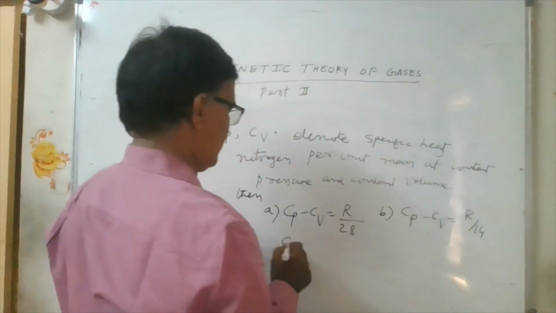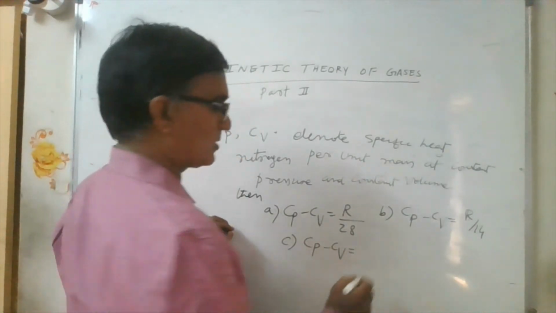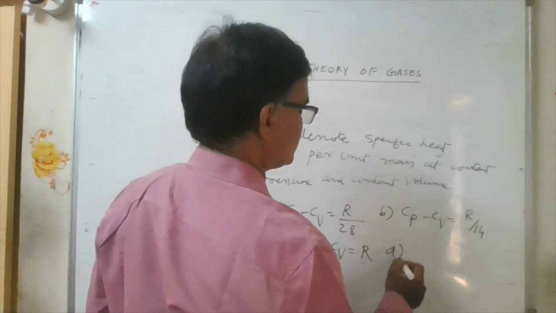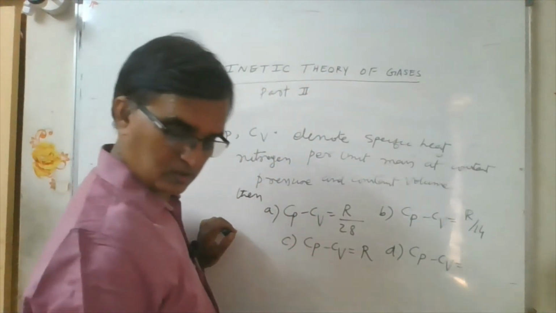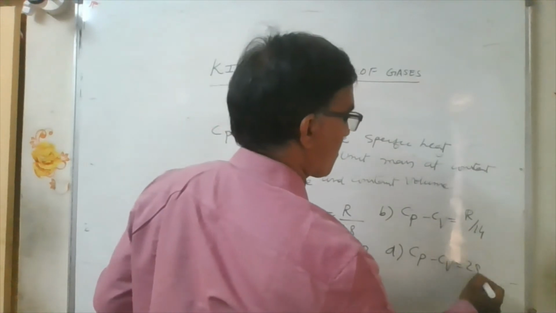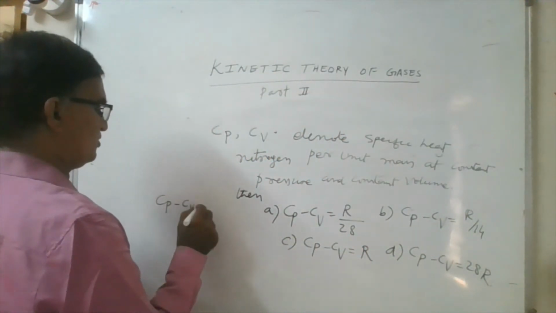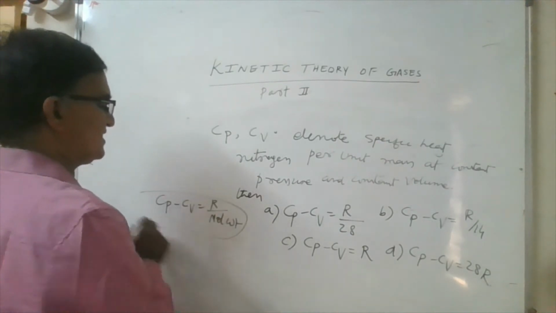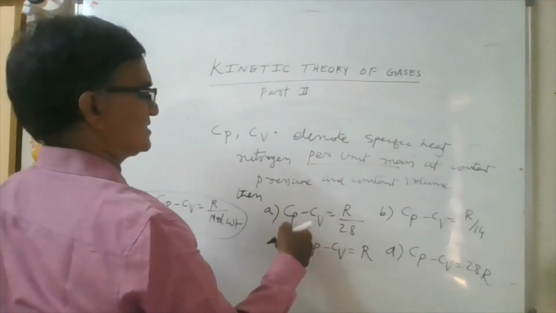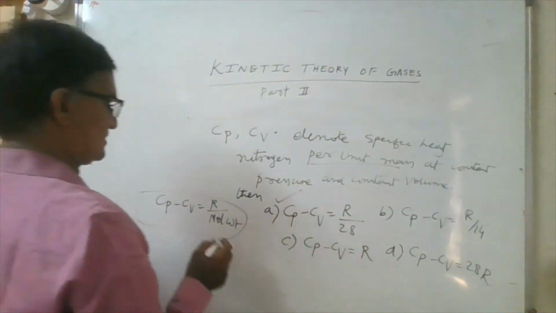C, Cp minus Cv is equal to R. D, Cp minus Cv is equal to 28R. Remember, if you take small cp, small cv, it is R by molecular weight, since it is specified as per unit mass. So R by molecular weight, for nitrogen 28. So the first option is correct.